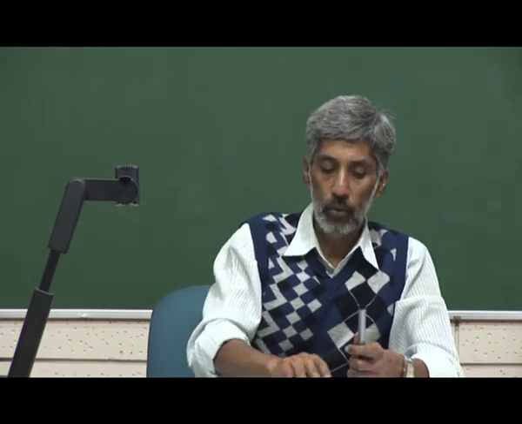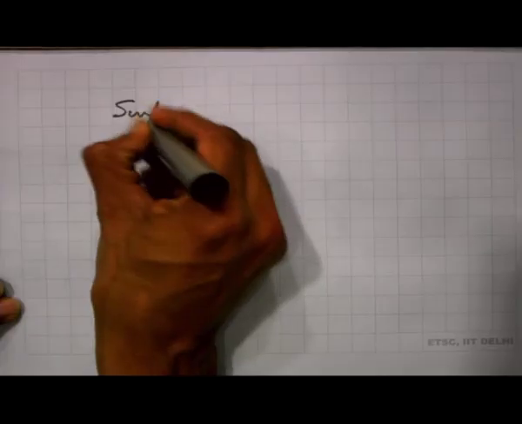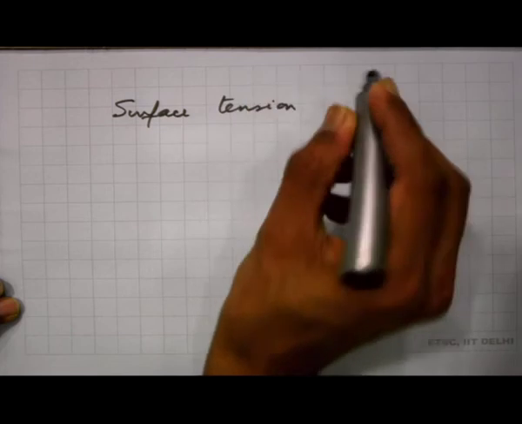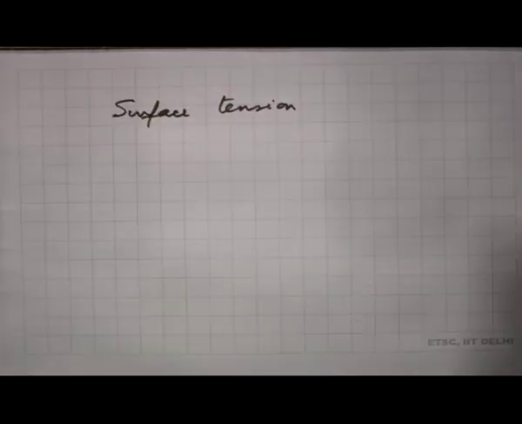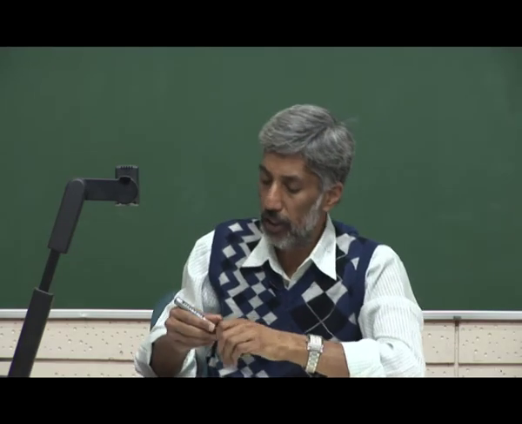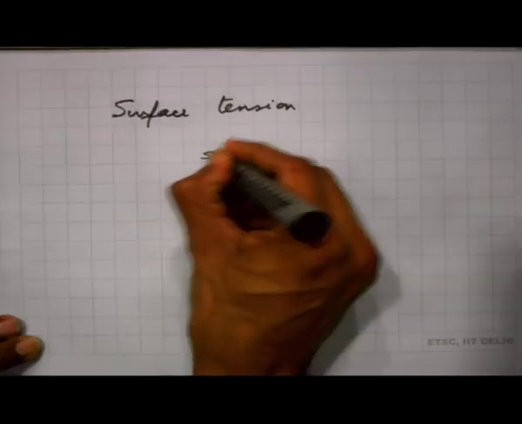So, the next thing that we will look at very quickly is surface tension. Now, we all know that if you took a liquid, it tends to form spherical shapes, right. It tends to form small particles. So, if you take a small drop, the drop actually tries to attain a spherical shape.